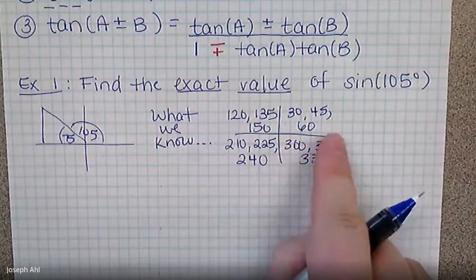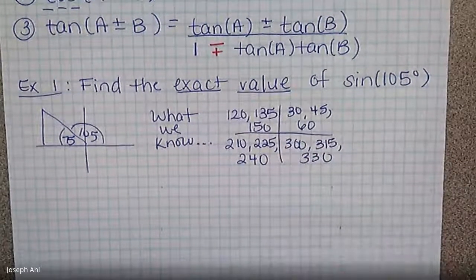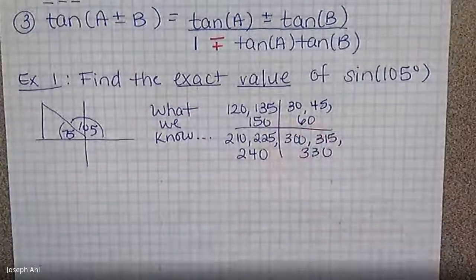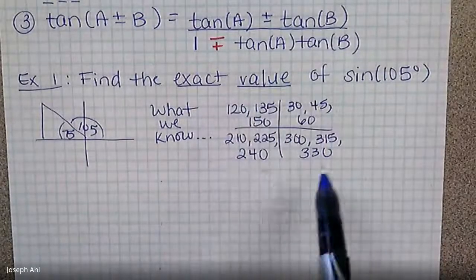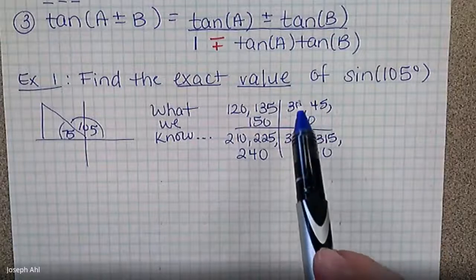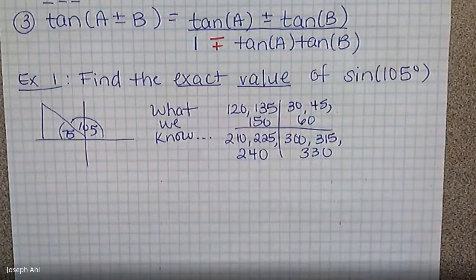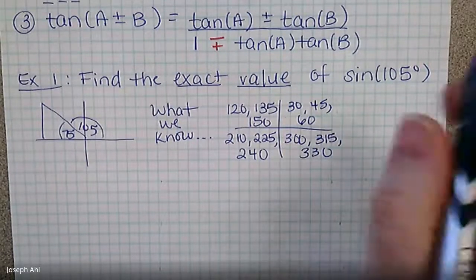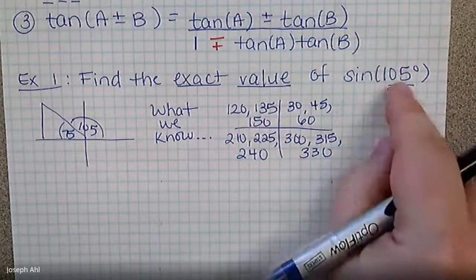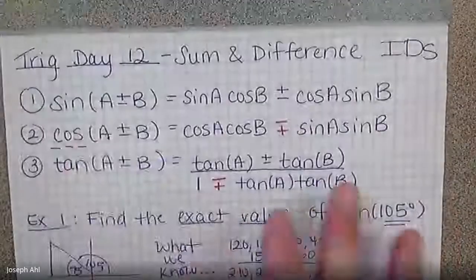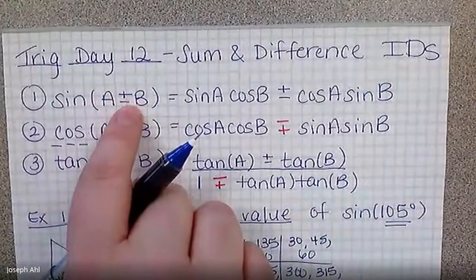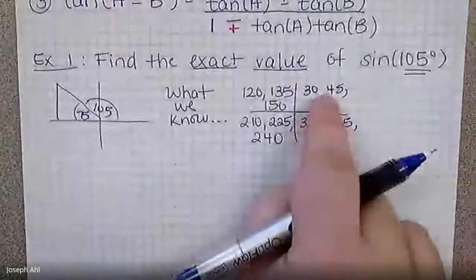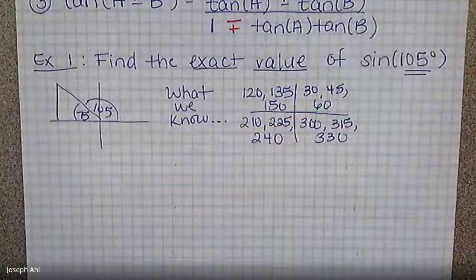This is a reference of 60, 45, and 30. So these are good angles to pay attention to because here's what we're going to do. If these all have special ratios using 30, 45, and 60 as the triangles, we want to figure out how can I get 105 degrees as either the sum or the difference of two angles that are special.